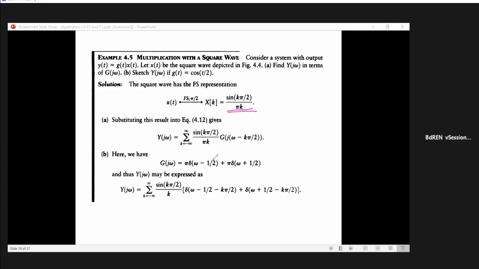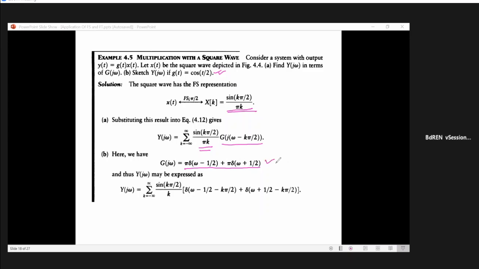Then by using our foregoing equation, we can easily find this X_k. This is the shifted version of the spectrum of another signal that is not periodic. In our case, it was cosine omega t, something like this, and this signal has this amplitude.